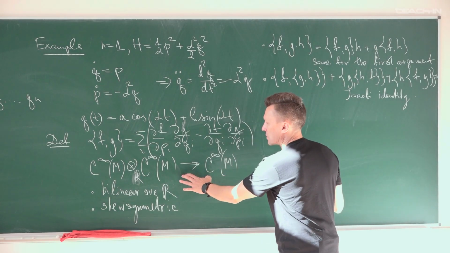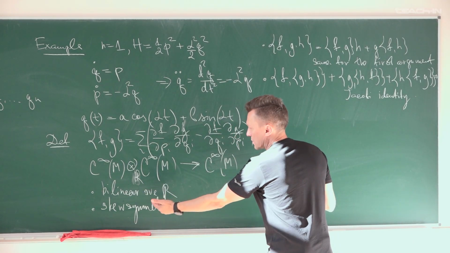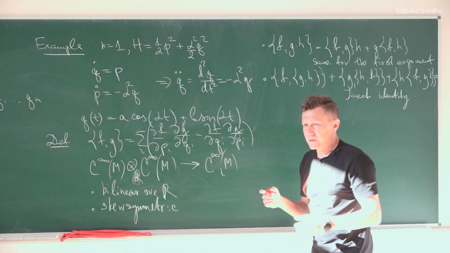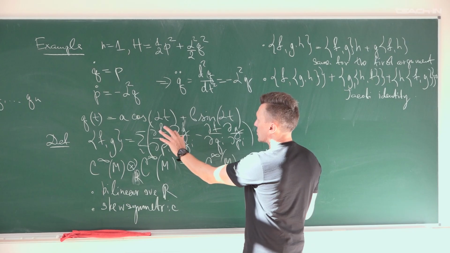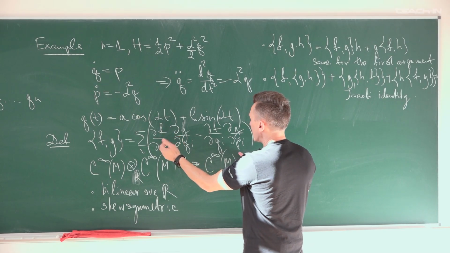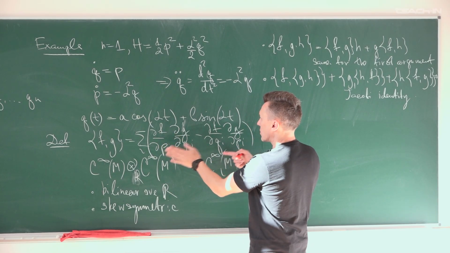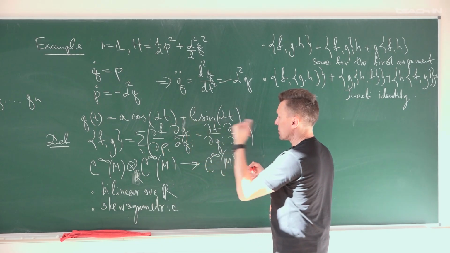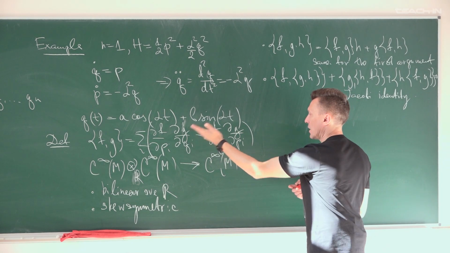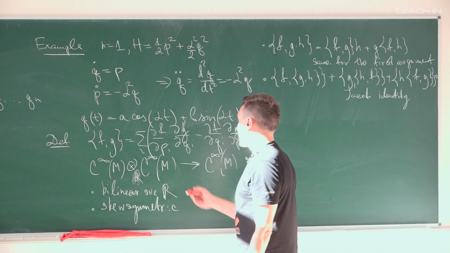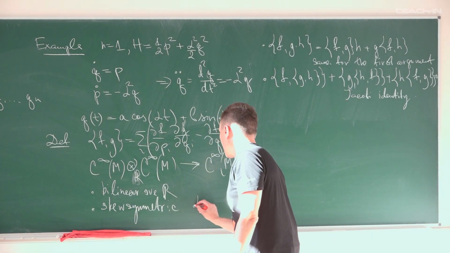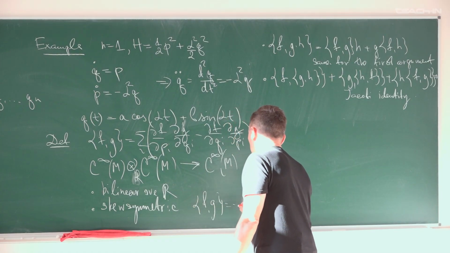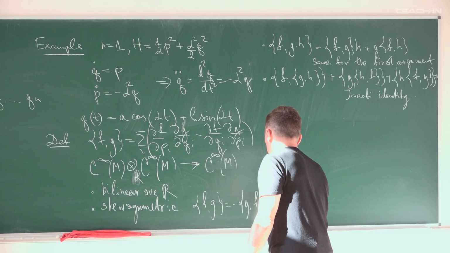So this is trivial, the bilinearity. The skew-symmetry is due to this minus here. If we change arguments f and g, we just exchange two summands in this sum, and the minus sign implies this skew-symmetry property. The bracket of f and g is equal to minus the bracket of g and f.